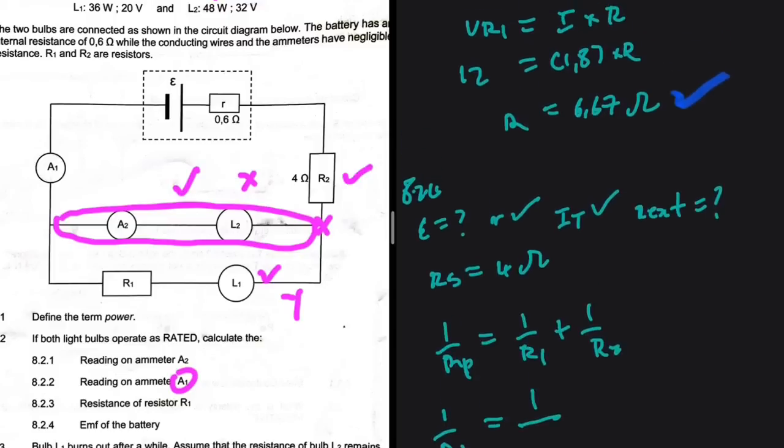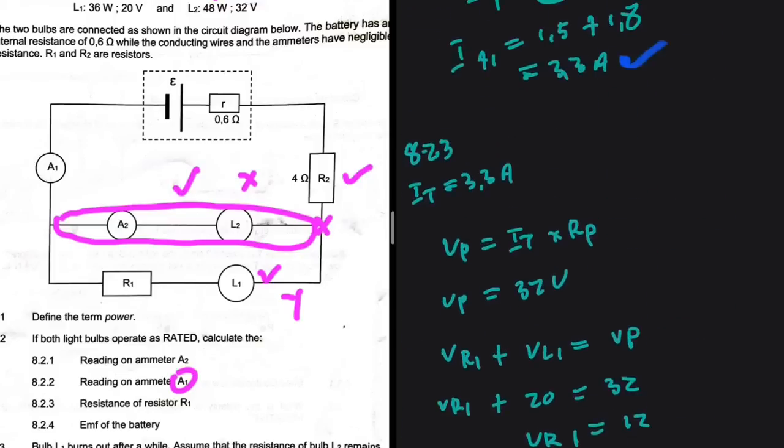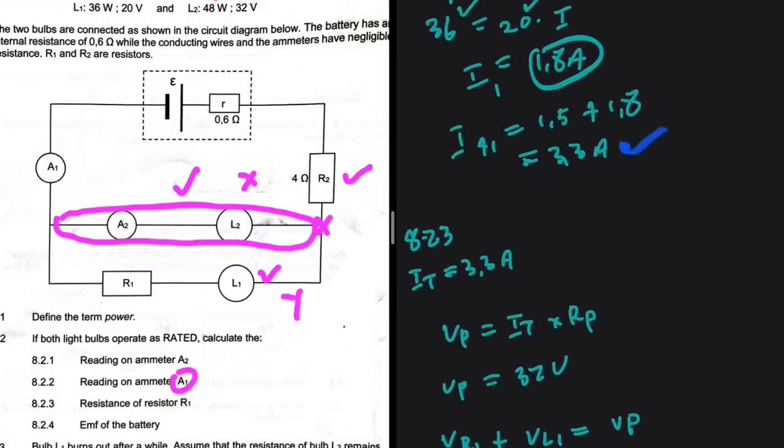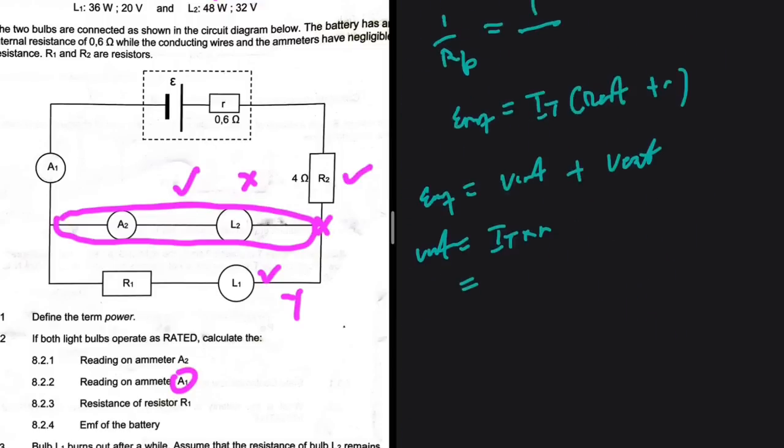We have the current, 3.3, right? So is it 3.3 or 3.2? 3.3. Okay, so we have 3.3 multiplied by 0.6, that is 1.98 volts.